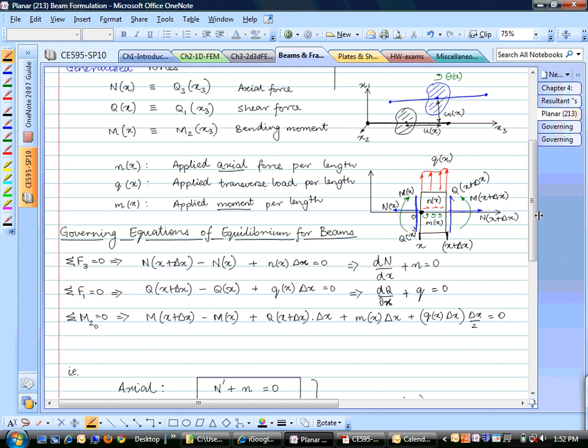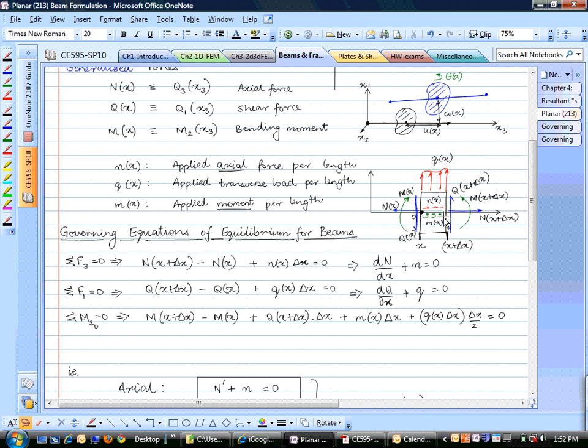How about the moments? Now here, if I take the moments in the x2 direction, all the planar forces will create moments in the x2 direction. If we sum the moments about this point O right here, what do we get? Moment at this face minus moment at this face right here. Shear force at x plus delta x times the moment arm, which is delta x, plus applied moment.